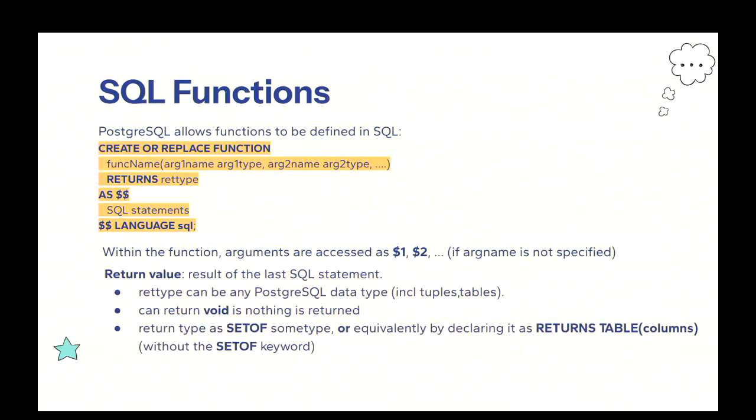And for the return value, the result is by default the result of the last SQL statement. The return type could be any Postgres data type. And remember, we could declare some customized types. And sometimes, if nothing is returned, we can return void.